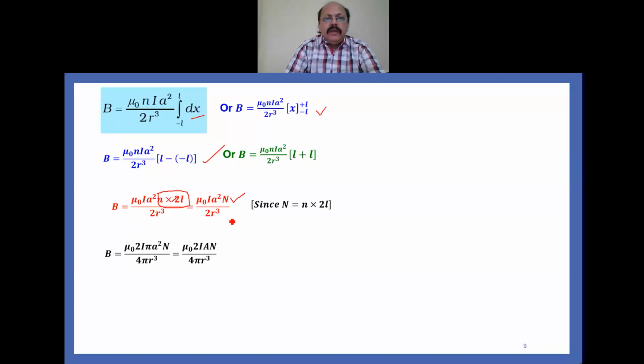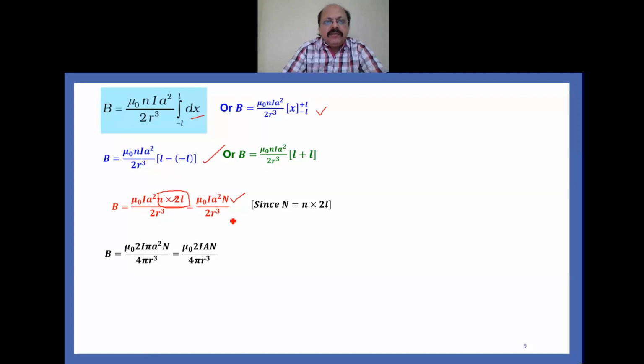Now multiply this expression by 2 pi in numerator as well as in denominator, so that the final expression which you get comes in terms of mu naught upon 4 pi, so that the calculation becomes easy and the concept can be made easily.